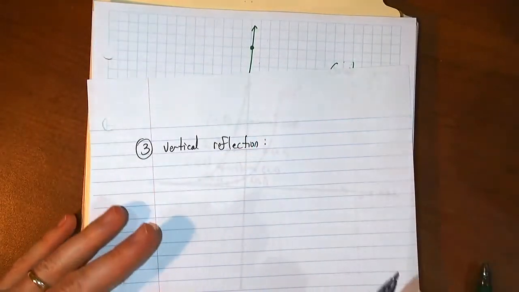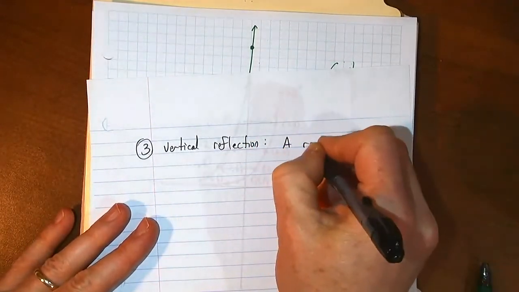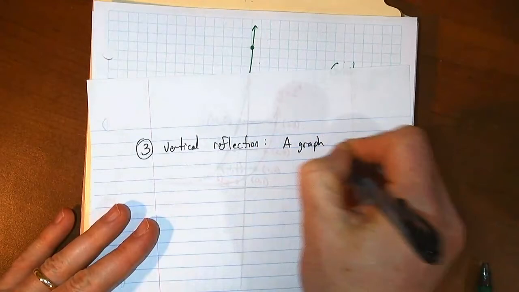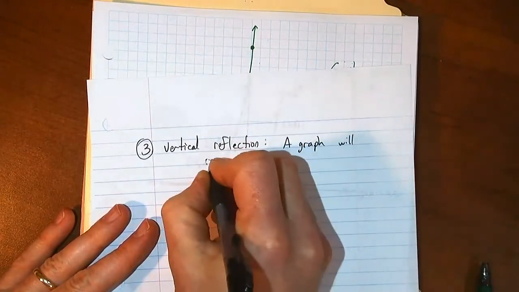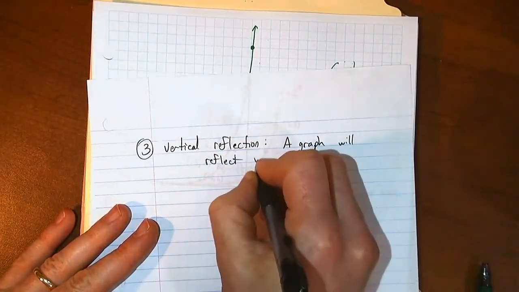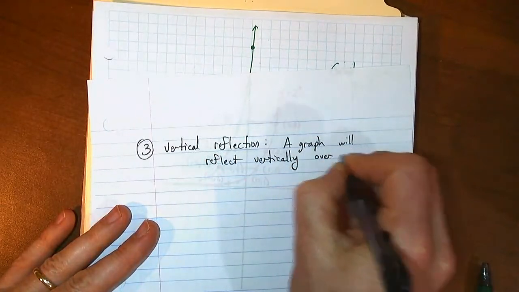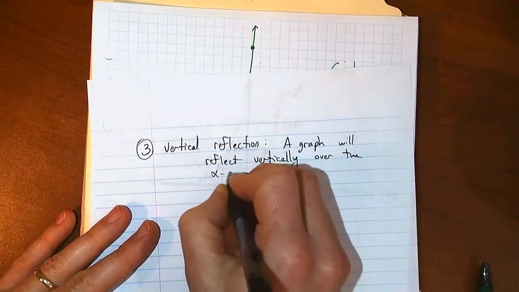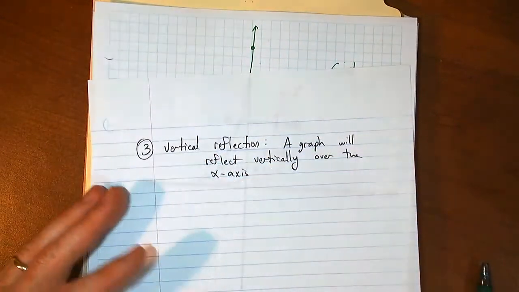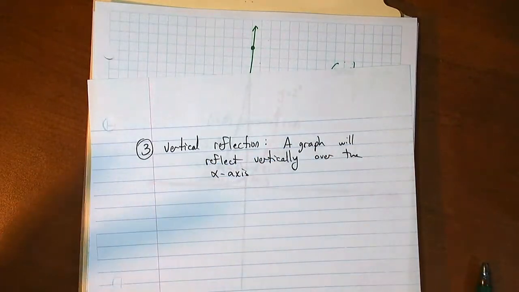The vertical reflection rule says this: a graph will reflect vertically over the x-axis. So the x-axis is going to be our mirror, right? That's what that means.